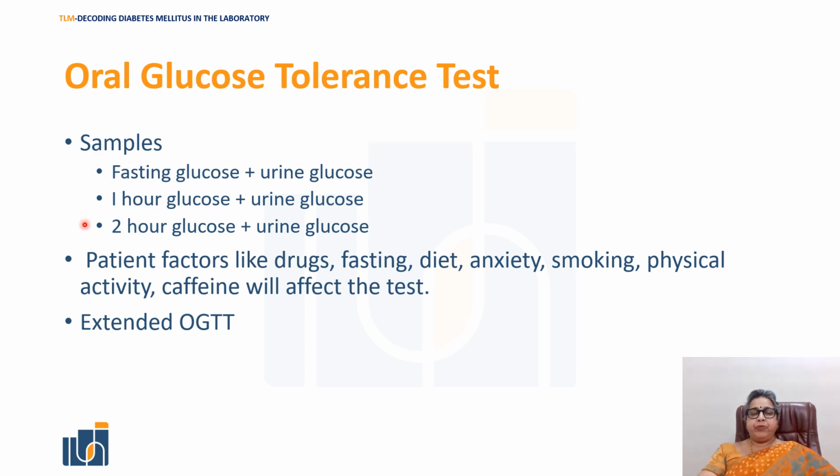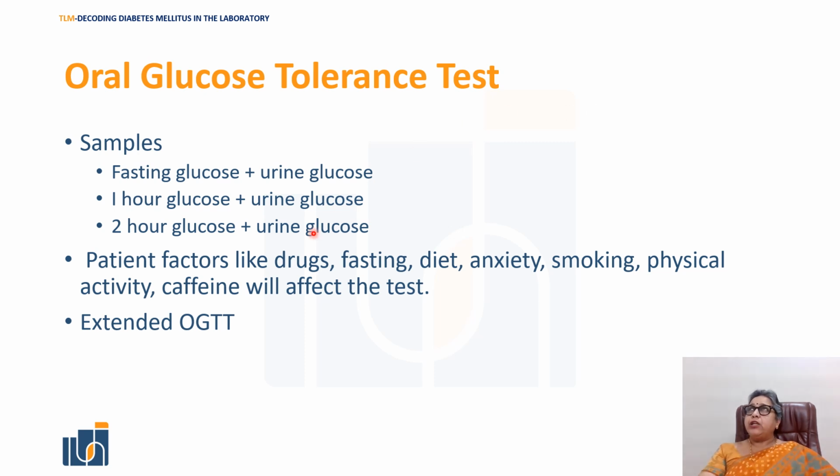samples that we take. Now, when we do an extended OGTT, you can take half-hour sample, 1.5 hour sample, 2 hours, 2.5 hours and 3 hours. Some people even go up to 5 hours if there is any difficulty in the diagnosis of diabetes. But this is the usual 3 samples that you take plus 3 urine samples when you're doing an OGTT.